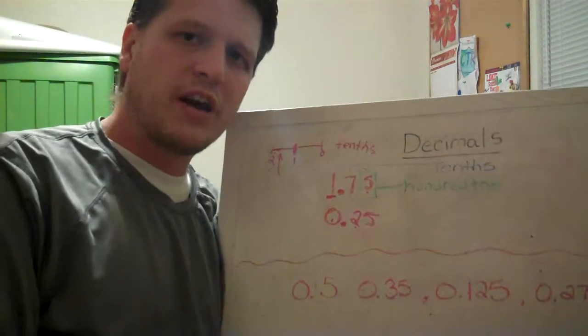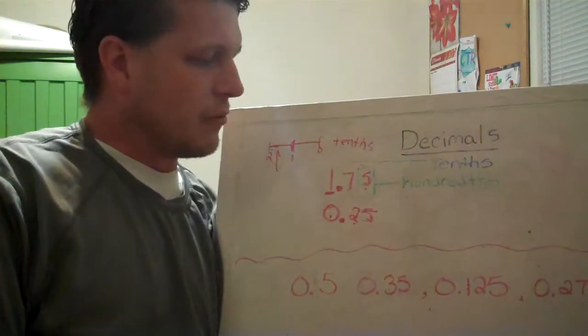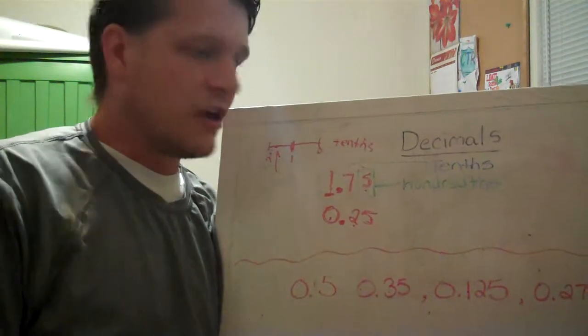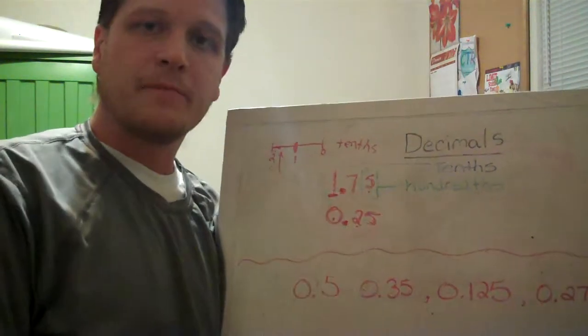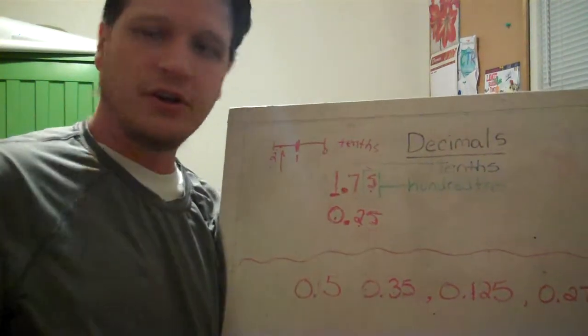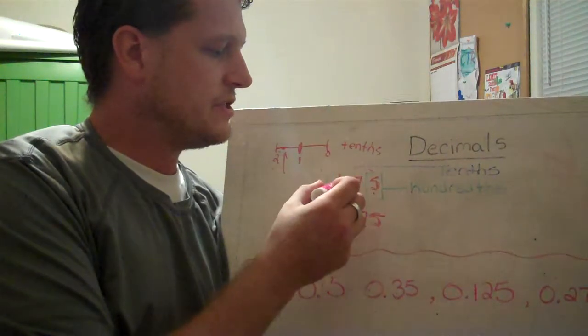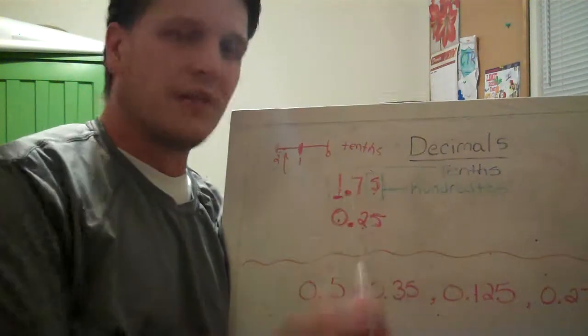Now, we're going to talk about place value just a little bit. The two numbers that we're going to deal with today are 1.75 and 0.25. This little bitty dot that separates the numbers is called the decimal.